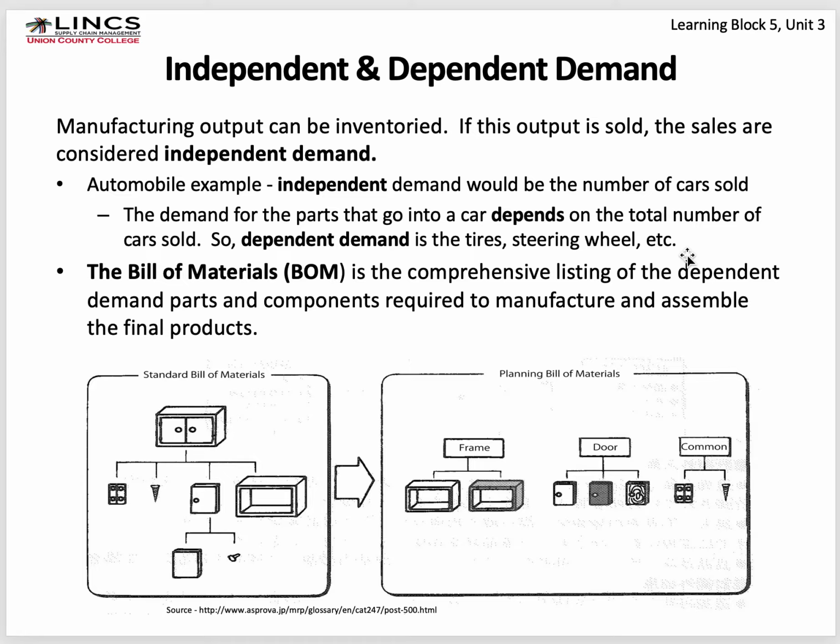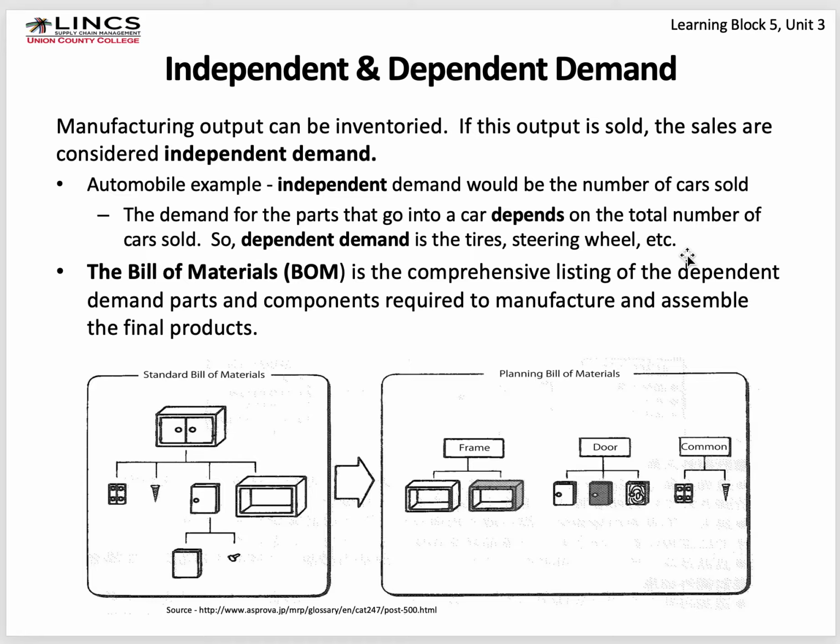How many cars do we think we're going to sell in April? Well, I'll tell you what, right now Ford and GM are probably scurrying like crazy because they're not going to sell nearly as many cars as they thought they were going to sell in April when they were looking at this back in December and November, which is probably when they were planning it well in advance, but the number of cars is going to be drastically reduced.